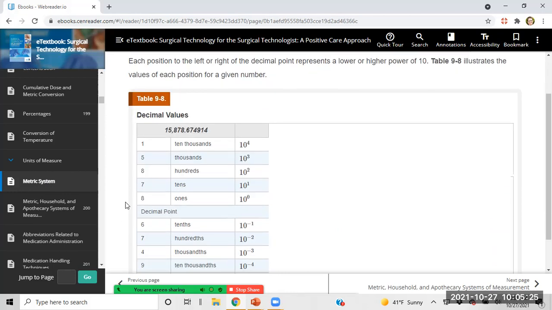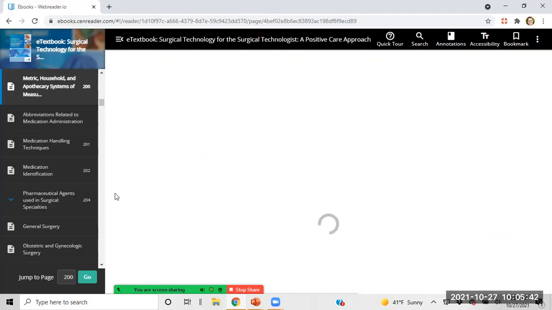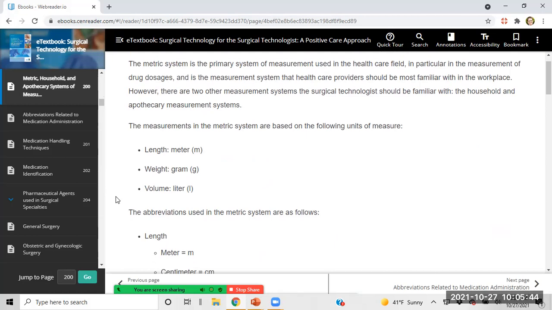Here we're talking about the decimal system, knowing the place values: ten thousands, thousands, hundreds, tens, ones, tenths, hundredths, thousandths, ten thousandths, and hundred thousandths. And then on the metric system of how things are measured: length is measured in meters, weight is measured in grams, and volume is measured in liters.